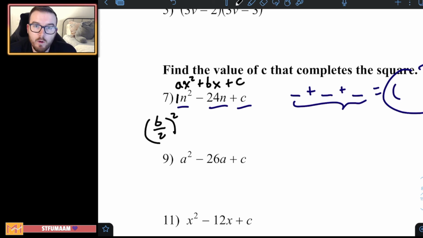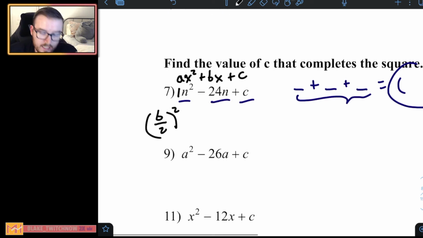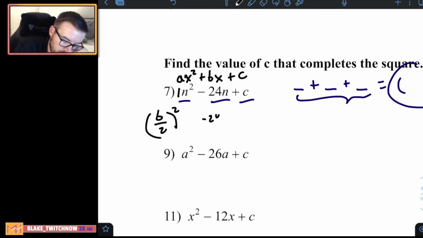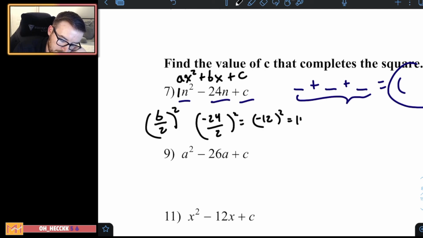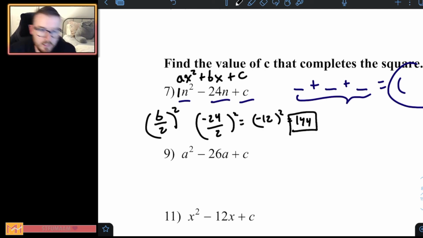We're trying to figure out what c should be in order to complete the square. Negative 24 over 2 squared. Negative 12 squared is positive 144. So in order to complete the square, the c value needs to be 144.